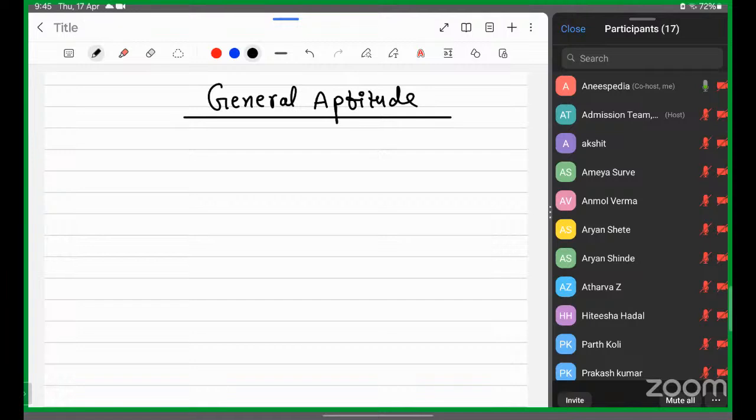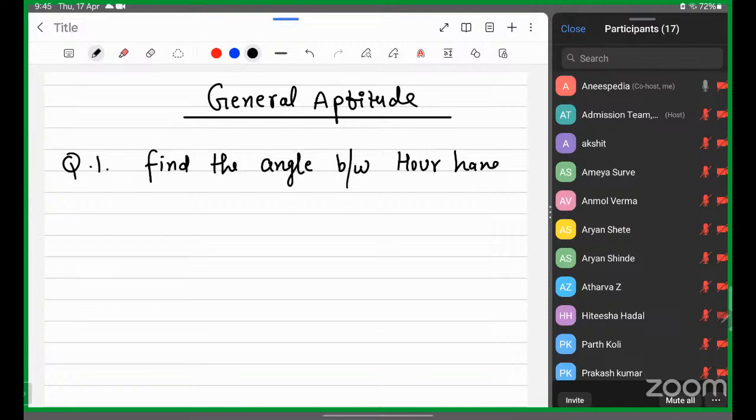First question is, find the angle between hour hand and minute hand at 1:30 p.m.